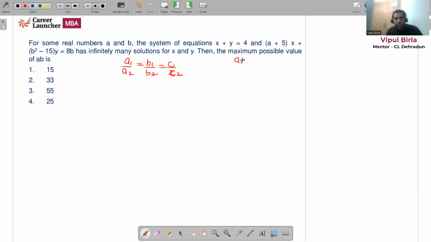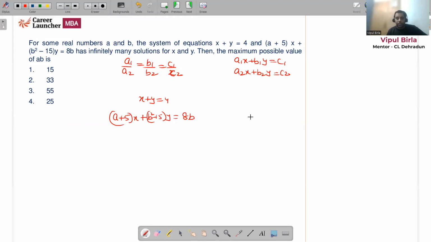That means the equations are a1x plus b1y equal to c1 and a2x plus b2y equal to c2. In this case, one equation is x plus y equal to 4, and the other equation is (a plus 5) into x plus (b square minus 15) into y equal to 8b.